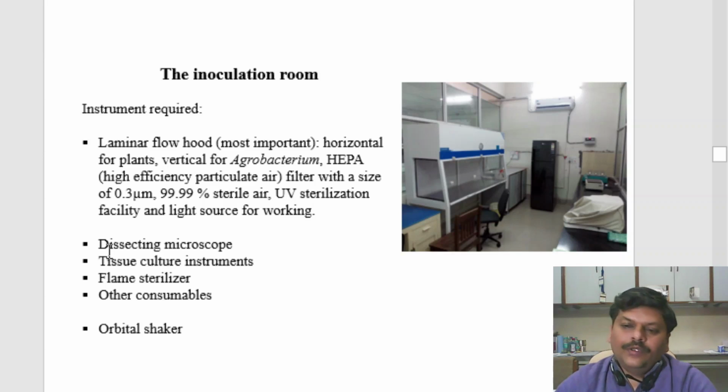For example, dissecting microscopes, tissue culture instruments such as scissors, forceps, and other things, a flame sterilizer to instantly sterilize minor instruments such as scalpels, blades, scissors, and tweezers, and other consumables, for example tissue papers, things related to discarding the waste, and some other instruments such as an orbital shaker if the plant cell culture involves some kind of shaking of either tissue culture media or any other sterilization processes.